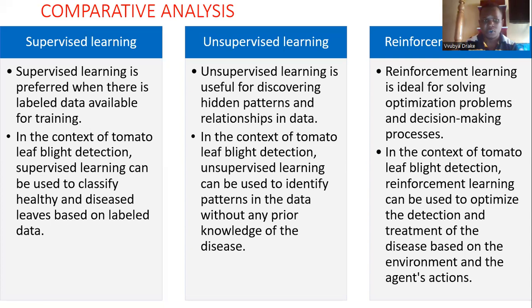Then we have the comparison, which we've already made at first. With supervised, we're going to use labeled data. With unsupervised, we're going to use unlabeled data. Then reinforcement, we're just going to use for optimization and decision-making processes.